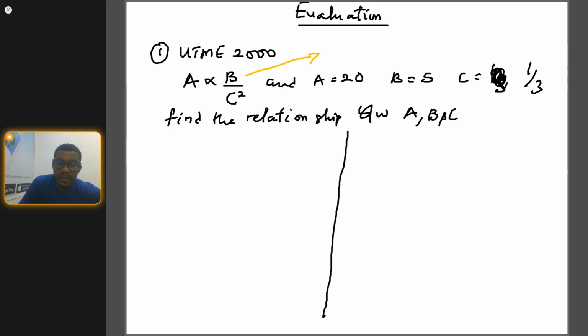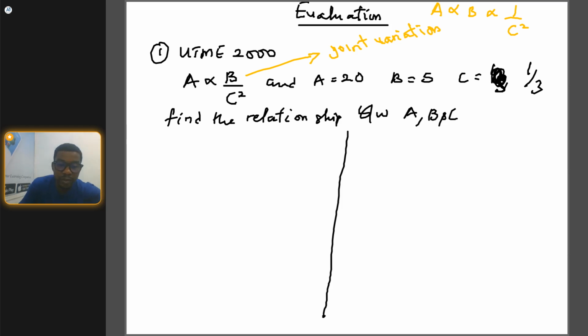But take note that it has three variables, A, B, C. When you have three variables, you should know that it is joint variation, because they have been combined together. This is the original expression: A varies as B over C squared. The question has combined it into a single expression. So it is a joint variation.